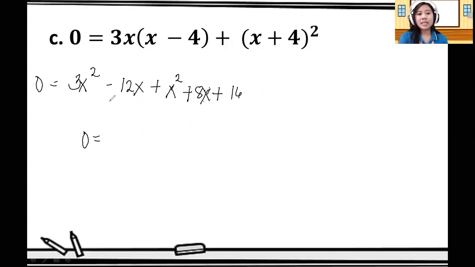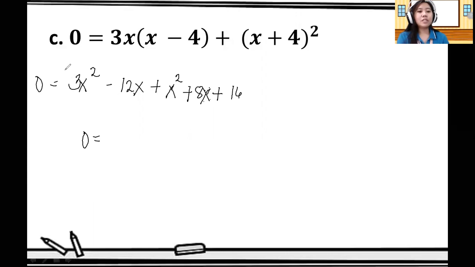As you can see, class, meron po tayong common factor. Or meron tayong tinatawag dito na common numbers or common variables. Meron tayong parehong x squared and meron tayong parehong x. So, pagko-combine po natin yon.